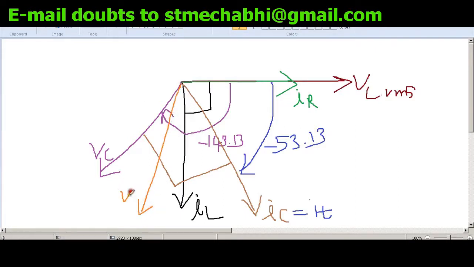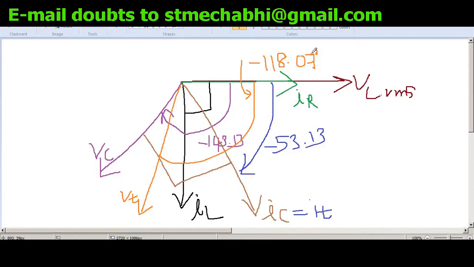This is the total voltage. The angle is minus 118, so I will put this arrow here, minus 118. Simply, this is the phasor diagram.